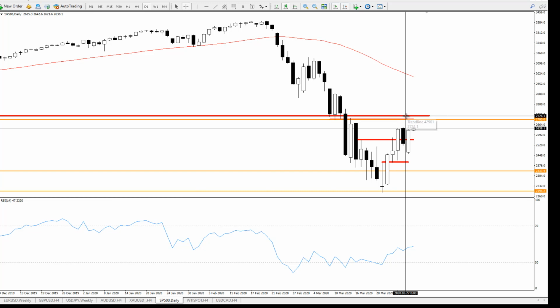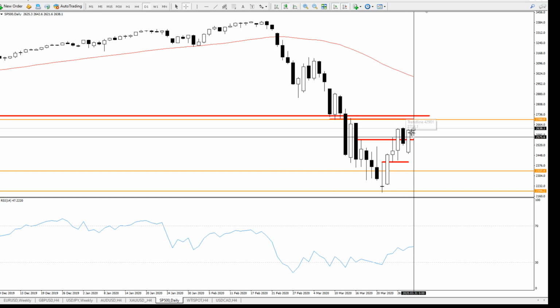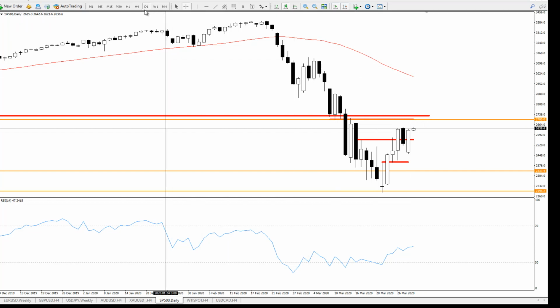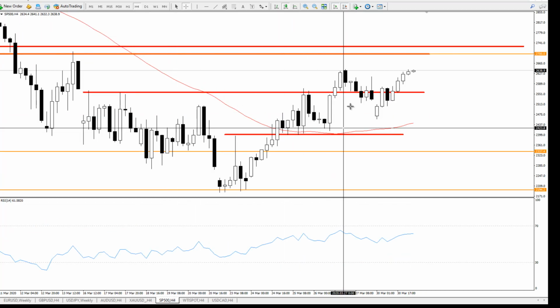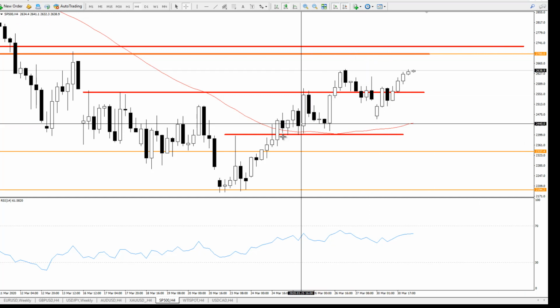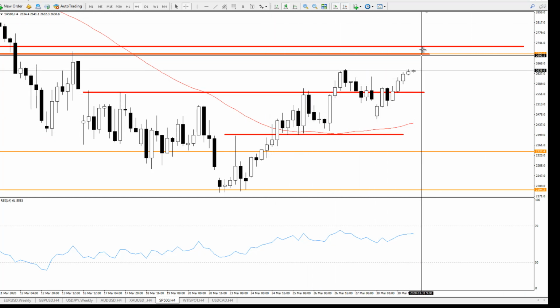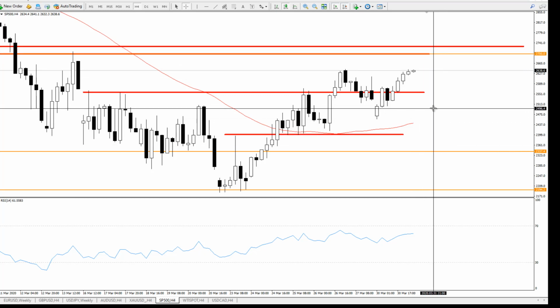Those two lows come in right around 2720, potentially where the market could start to roll over again. But for the time being, we're making higher highs and higher lows. Looks good, but I'm looking at that 27 area as a potential resistance where we could turn lower.